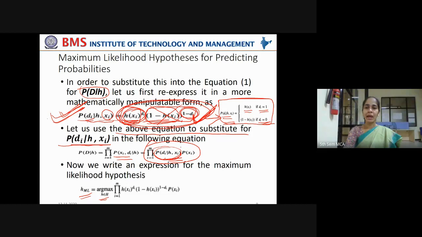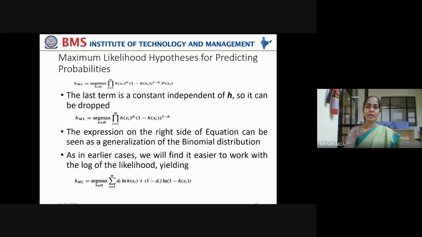Substitution is done, and retain the term P of xi as it is. Okay, now this is the representation for the maximum likelihood hypothesis. Now let us see whether we can further simplify this representation. This is what we got after substitution.